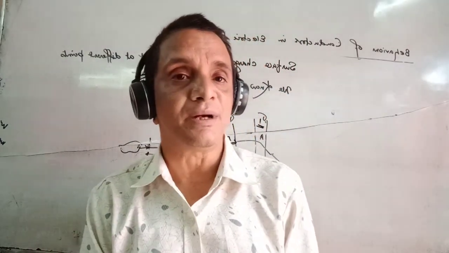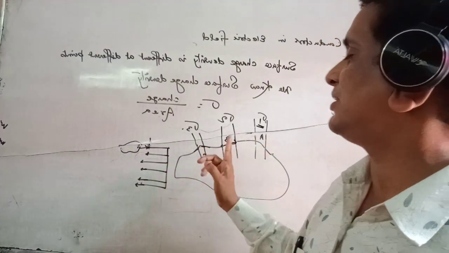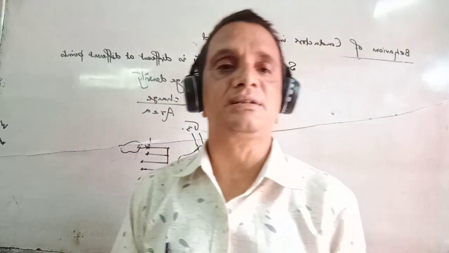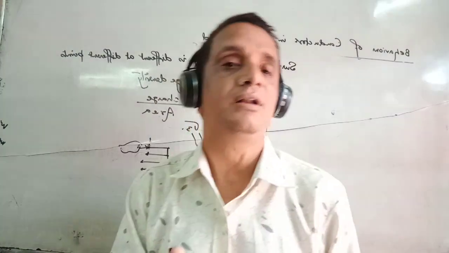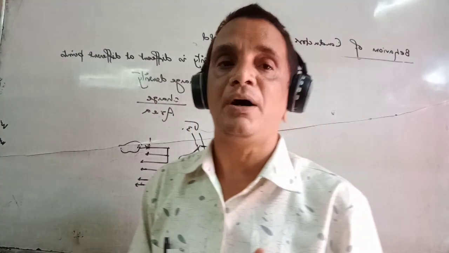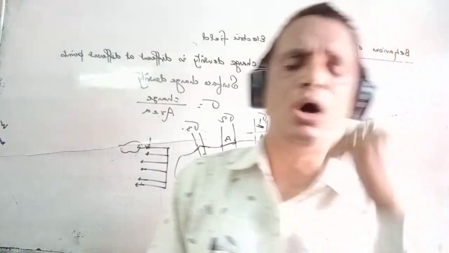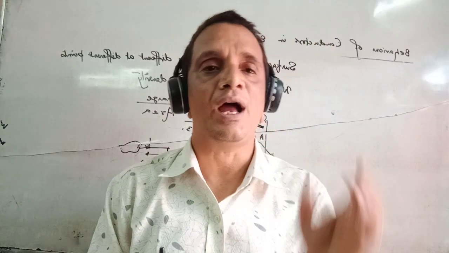And the seventh point: the charge density is different at different points of the conductor because it depends upon the area of the conductor when it is placed in an electric field. So this is all about how the conductor behaves when it is placed in an electric field. You have to go through it.